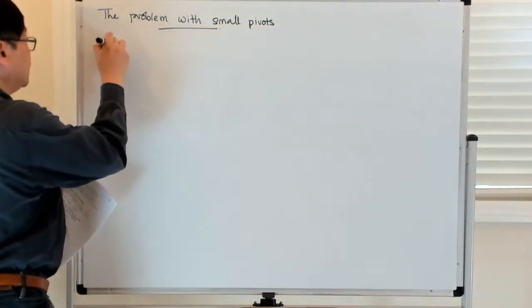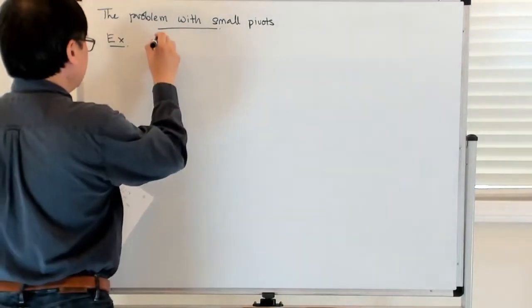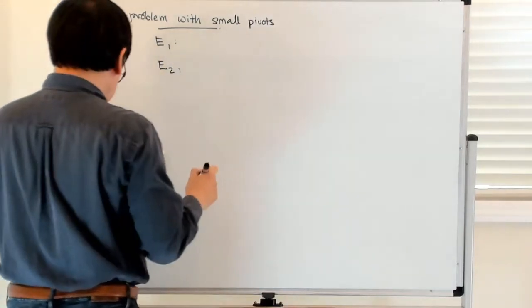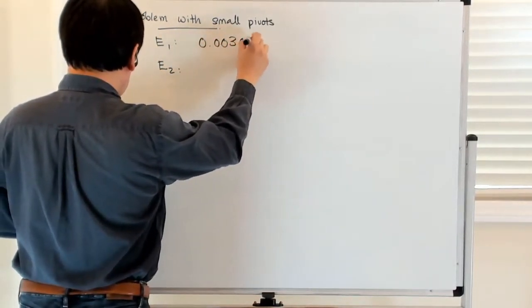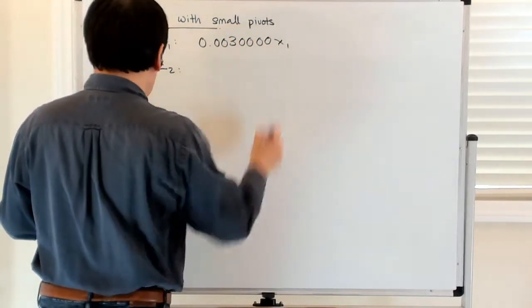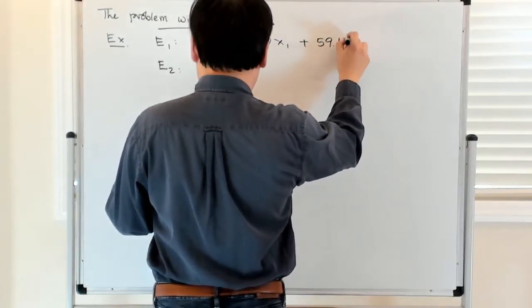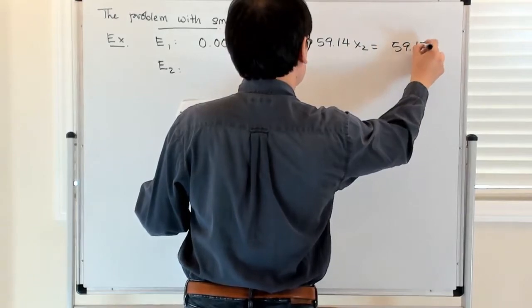So let's look at this by means of an example. I'm going to write down two equations and two unknowns, equation 1 and equation 2. Let's say 0.0030000 x1 plus 59.14 x2 is equal to 59.17.